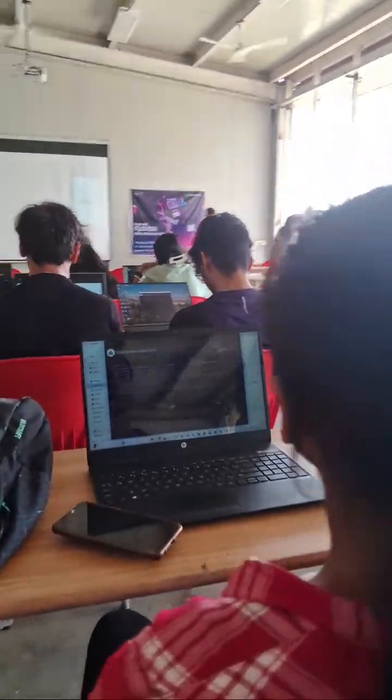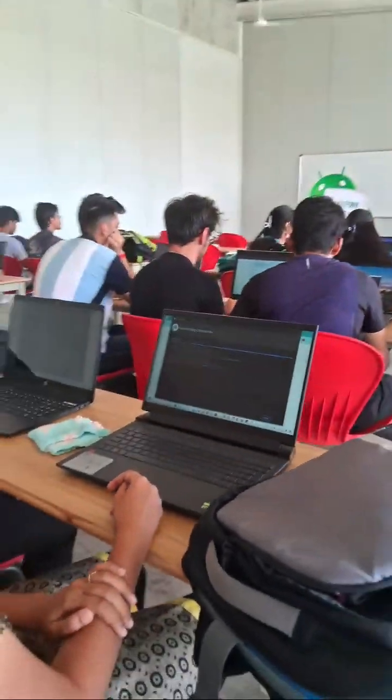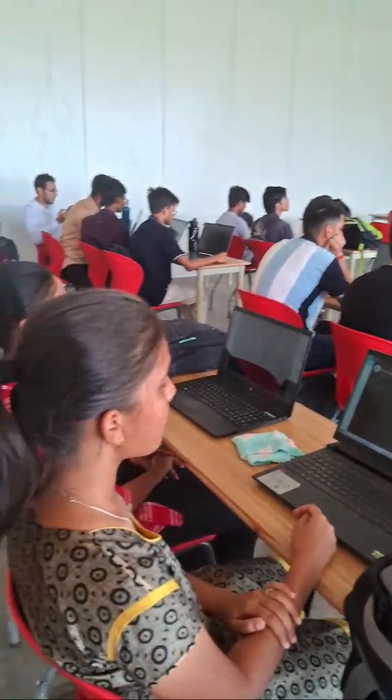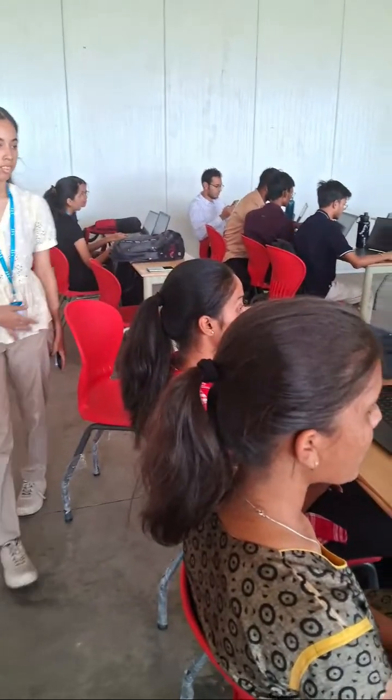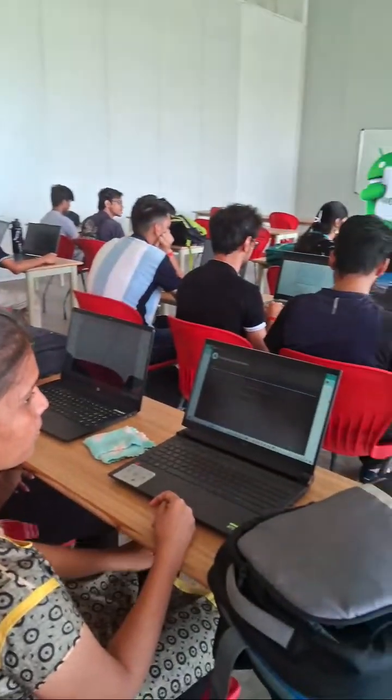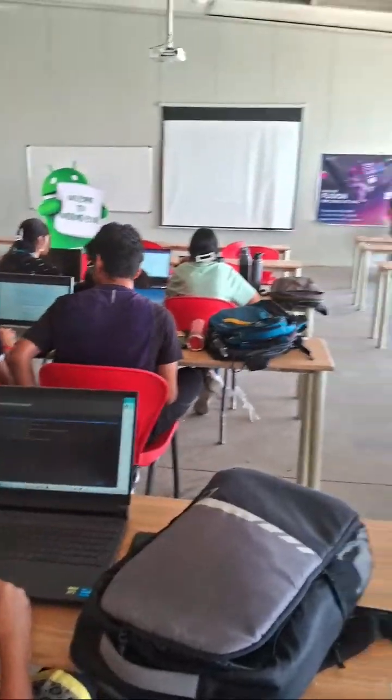Say I want to import my credit button first, so I'll write credit button, and then I give a colon and write it as a text view. This is how we define.